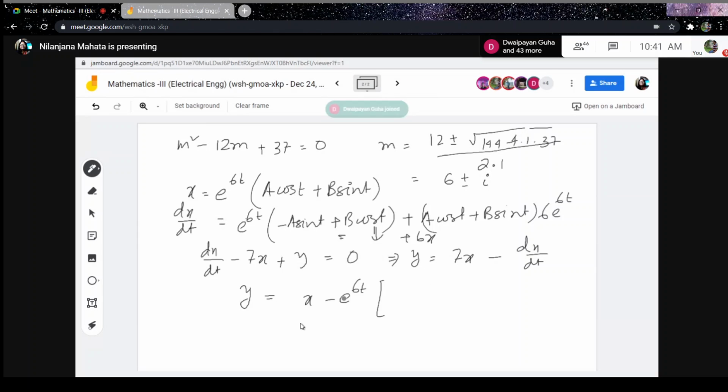So that will be x minus of this term. Your x is e to the power 6t (a cos t plus b sin t).